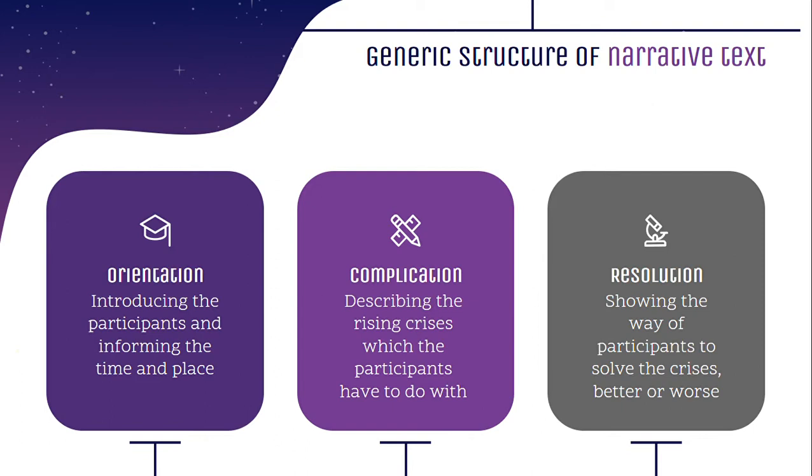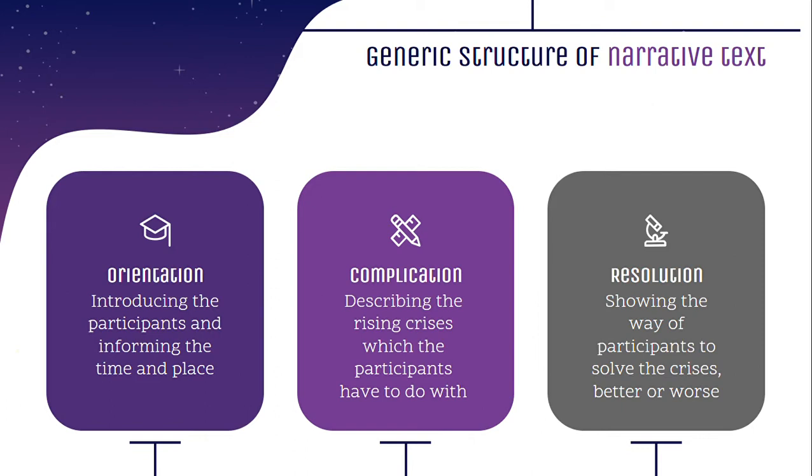Orientation is introducing the participants and informing the time and the place. Complication is describing the rising crisis which the participants have to deal with. Resolution is showing the way the participants solve the crisis, better or worse.